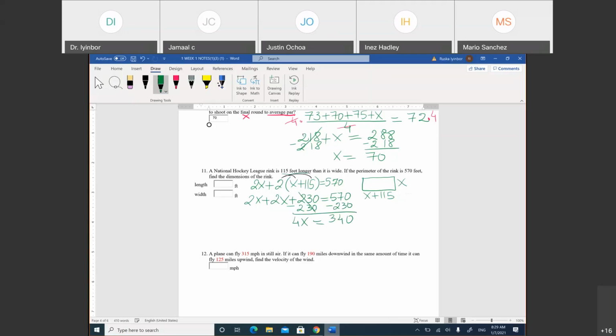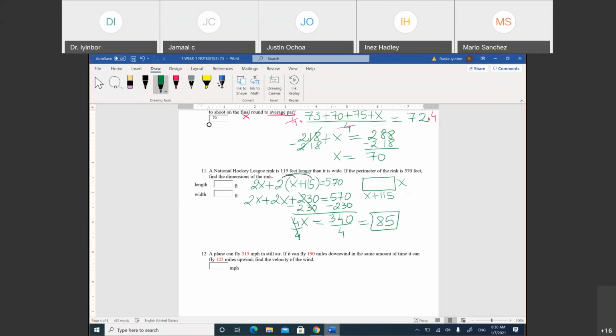Then you're going to divide both sides by 4 to get X by itself. This is an application of linear equations. When you set up your equation, you're going to get a linear equation. So when you divide 340 by 4, it gives me 85. So X is 85. Is it the width or the length? It's going to be the width.